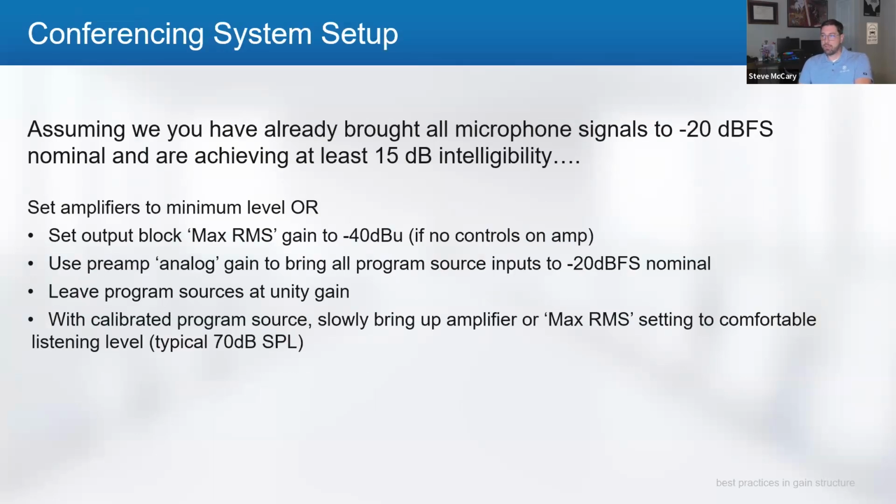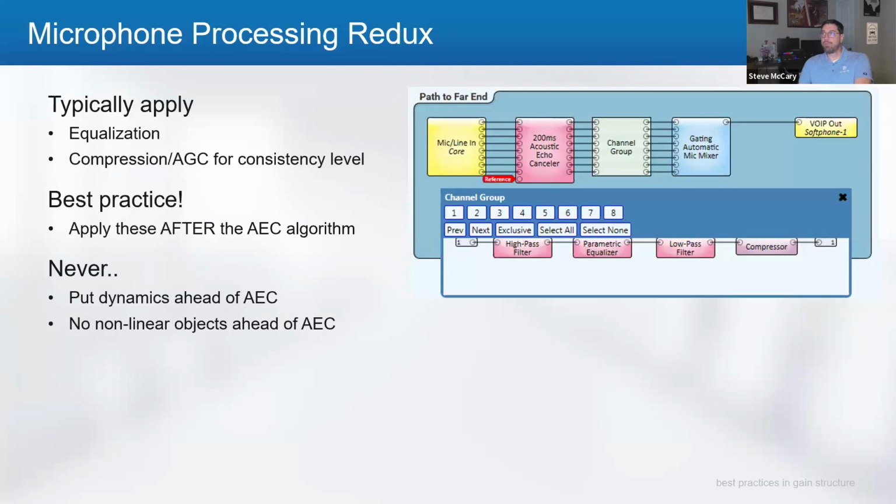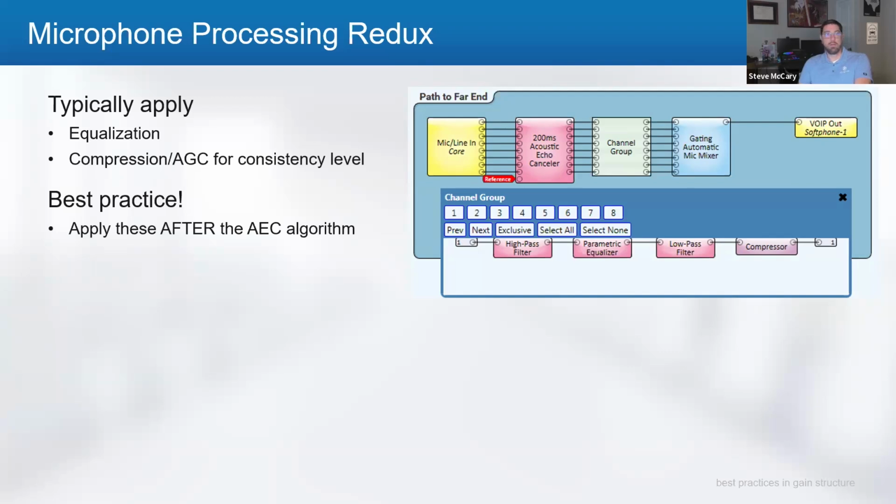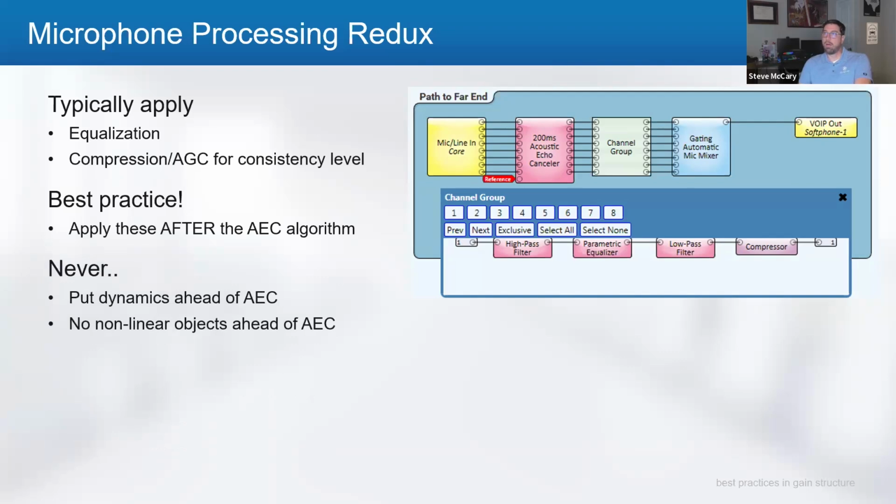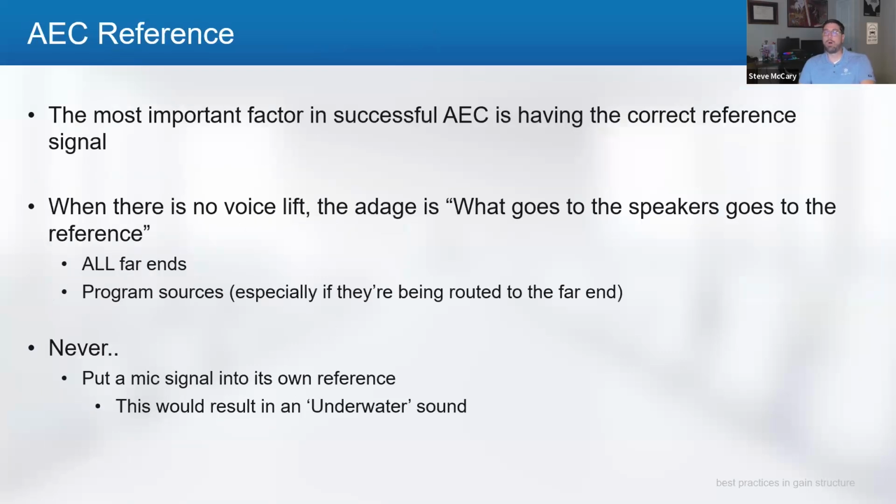So let's see. In your example, the far end would not be able to hear if someone played a video on a laptop in a presentation. So we'll talk about that a little bit. We're talking about when we want to make sure we're putting program sources in, especially if they're getting routed to the far end.